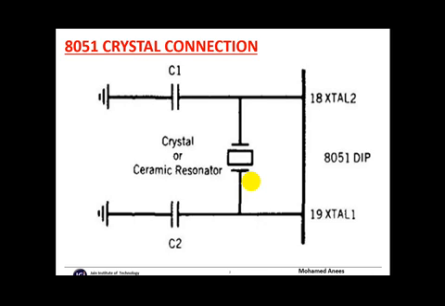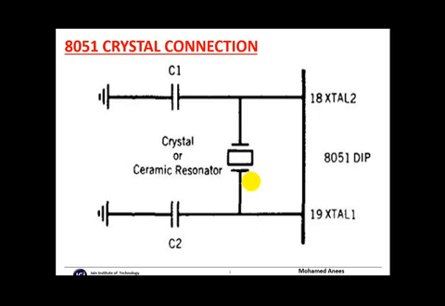It's not that you will get a crystal of your choice. In crystals also, there are standard crystals. The most common crystal which is connected for 8051 is 11.0592 megahertz.